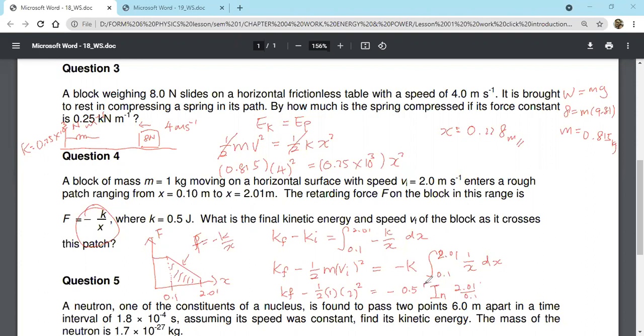Okay, so this is for the integration of 1 over x dx.